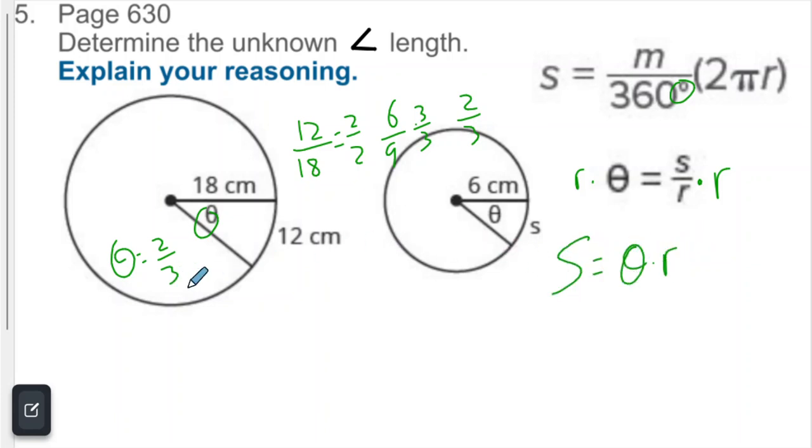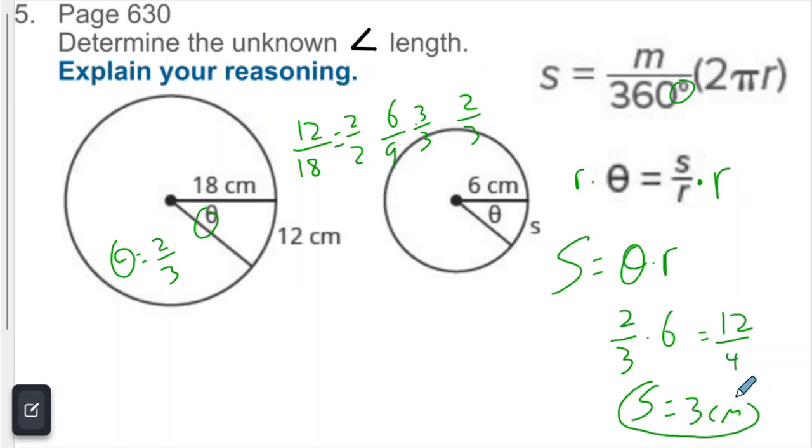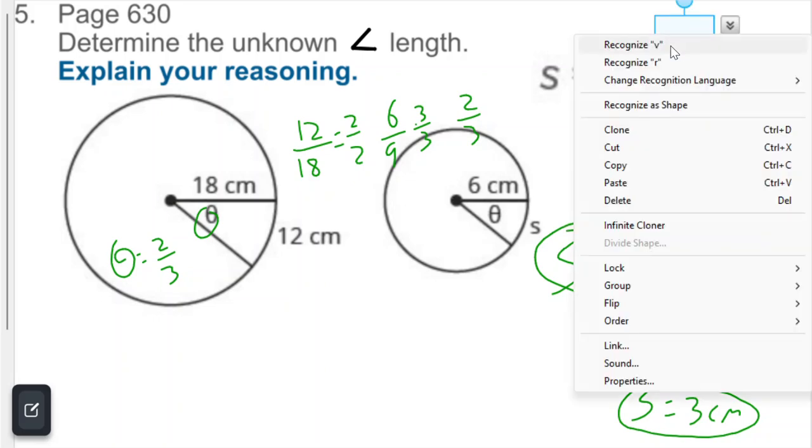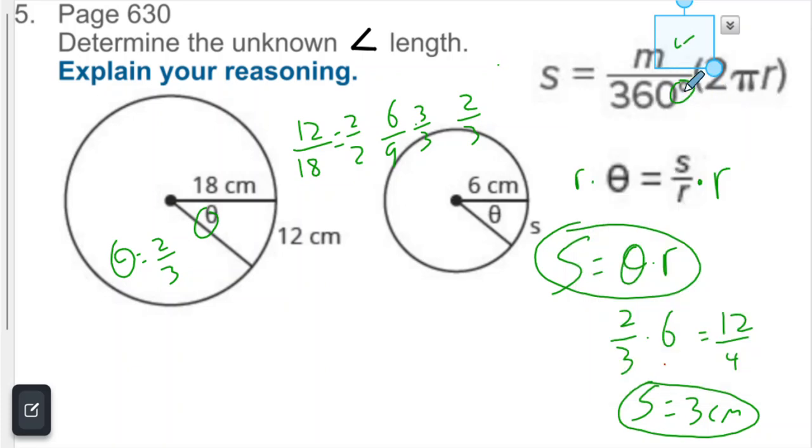I know my theta is 2/3. I know my radius is now 6. So I'm going to get 12 over 4, and my arc length is going to be 3 centimeters. This math is much easier than doing it the other way, because it's just 2 numbers being multiplied together.